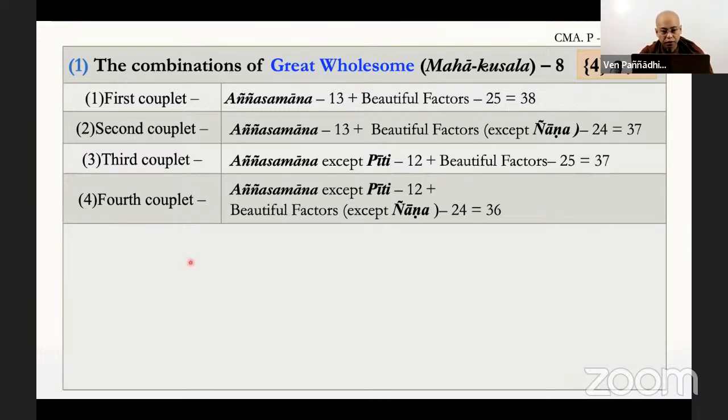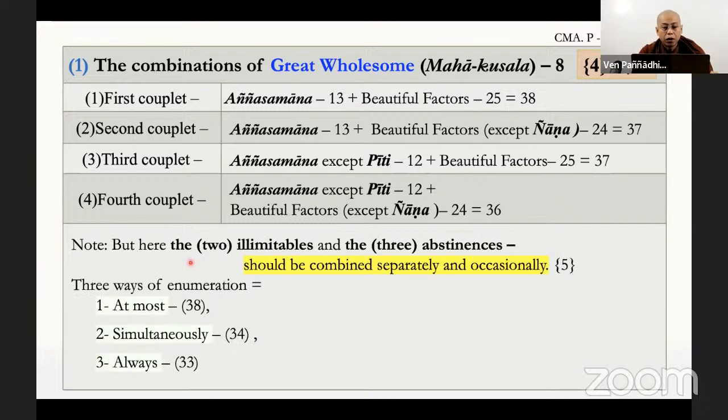Okay, so let's talk about the variation. We already talked about the aniyata, the occasional factors. Some mental factors do not always associate with the consciousness, although they can. In this case, we need to consider the Appamanna and Virati. So the 2 Appamanna and 3 Viratis become variables.